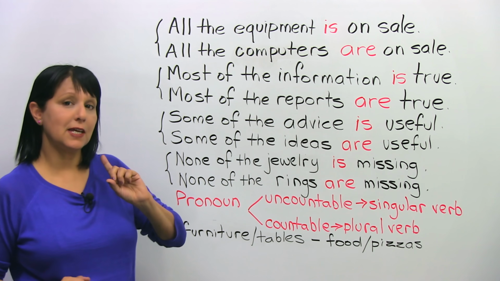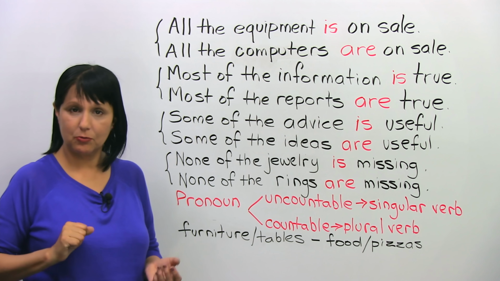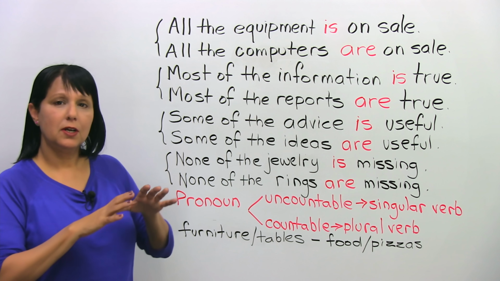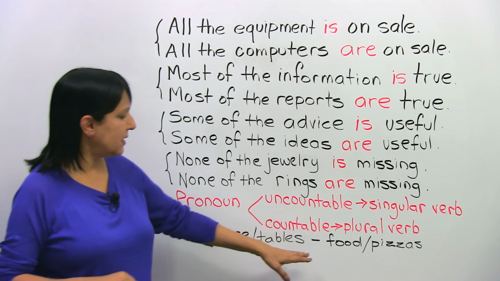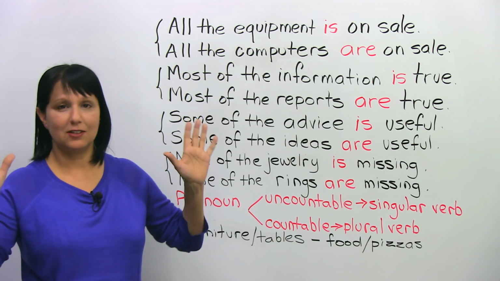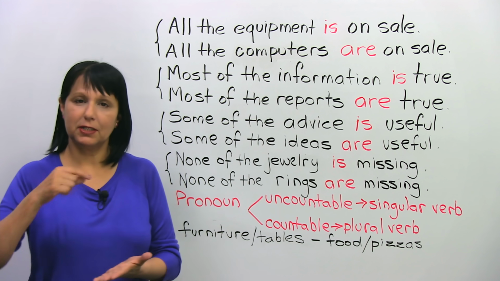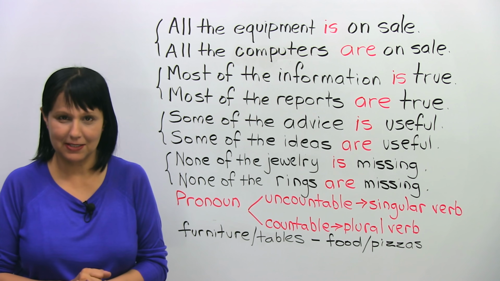But something that's countable is tables, because we can count tables, right? Also, a general word like food, okay? Food is a general word, so we consider it something that we cannot count. But pizzas are countable because you can count the individual pizzas, okay?